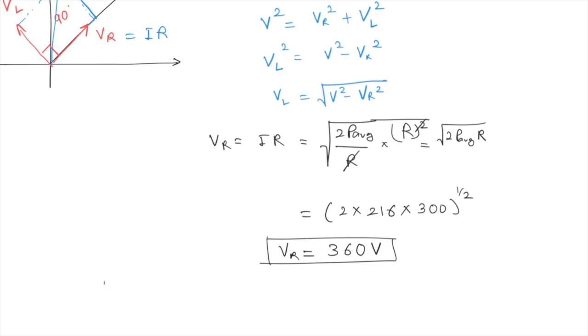So this is our question B. VL is the root of V square, so that V was 500 square minus 360 square, which will come out to be 347. So this is our answer for part B.